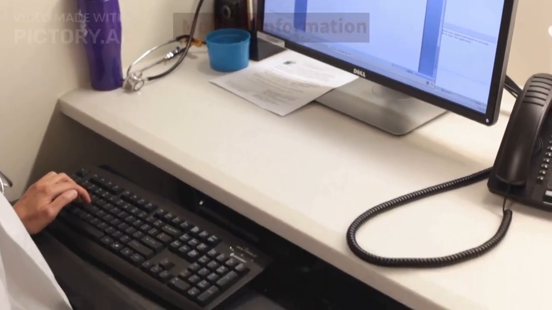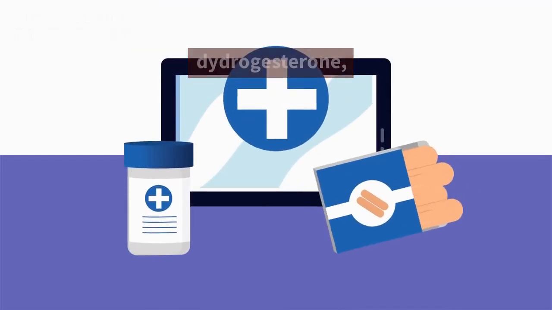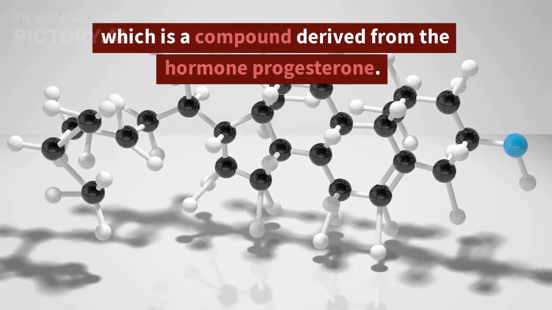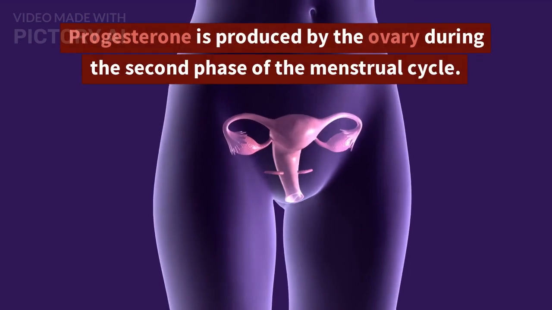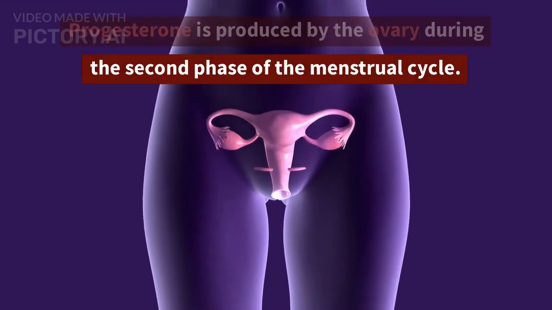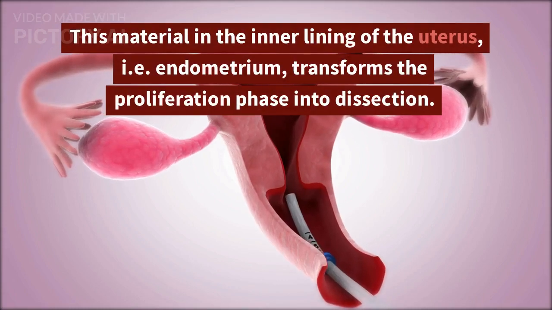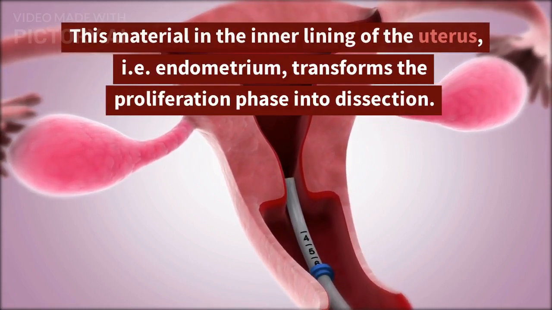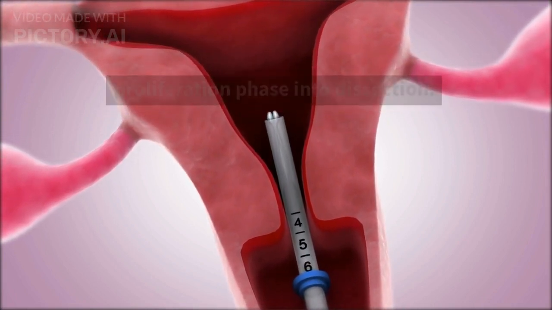Medical information: Duphaston 10 mg tablet contains dydrogesterone, which is a compound derived from the hormone progesterone. Progesterone is produced by the ovary during the second phase of the menstrual cycle. This material in the inner lining of the uterus, i.e. endometrium, transforms the proliferation phase into secretion.